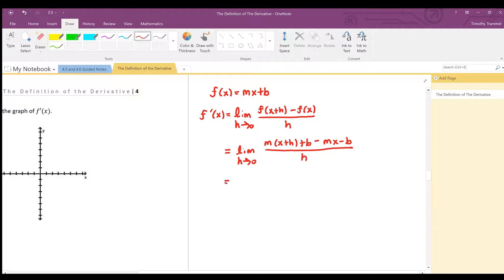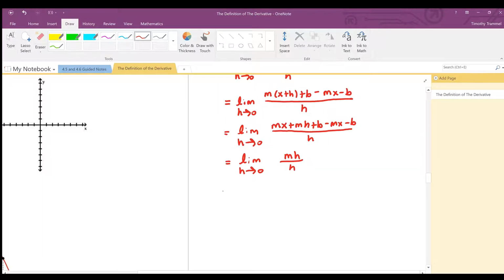And if we keep going, this gives us the limit as h approaches 0 of mx plus mh plus b minus mx minus b all over h. And you'll see a few things cancel out up there. Looks like an mx cancels, a b cancels, and so all we're left with is mh over h.